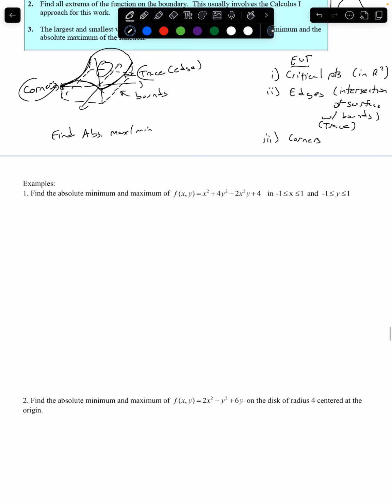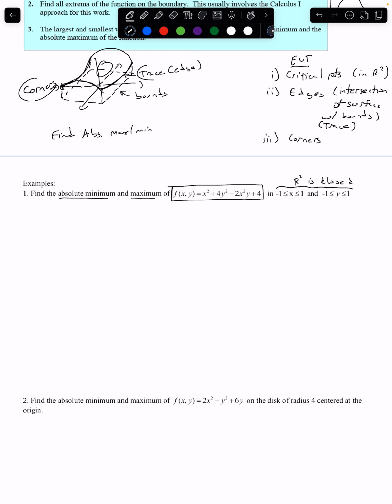So let's say we're given the following surface, and we're asked to find the absolute minimum and maximum value of our function right here. We're given the following bounds. X is between -1 and 1. Y is between -1 and 1. We now know that our R2 is closed, that our bounds is closed right here.